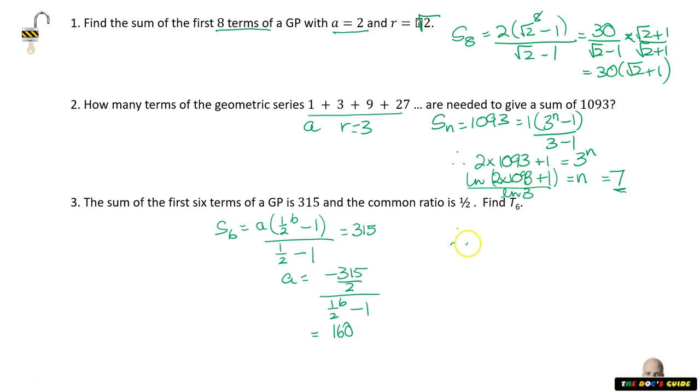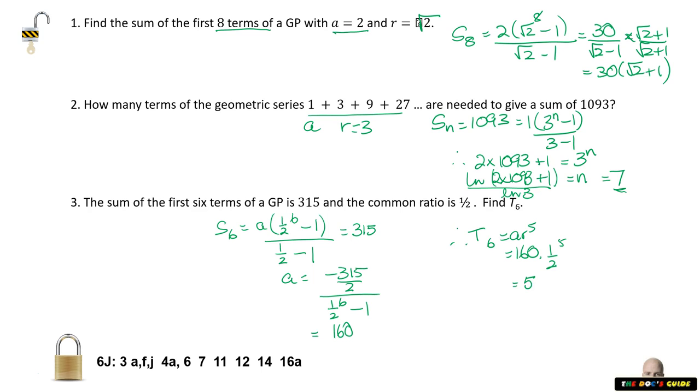And therefore the 6th term is ar to the 5th, which is 160 times a half to the 5th, and a half to the 5th is 1 on 32, so 160 divided by 32 is 5.